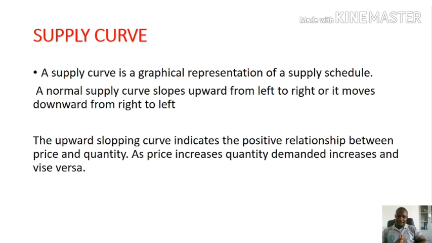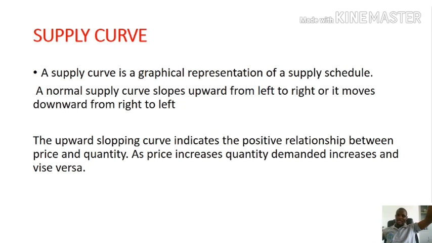But with supply, a supply curve slopes upward. Okay, it's a reverse. It instead slopes upward from left to right, meaning that as prices are increasing, quantity supplied is increasing.